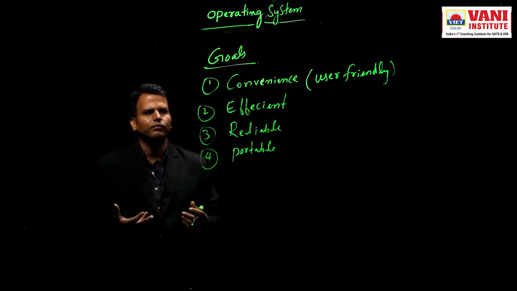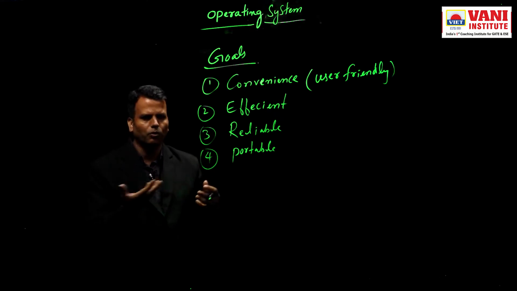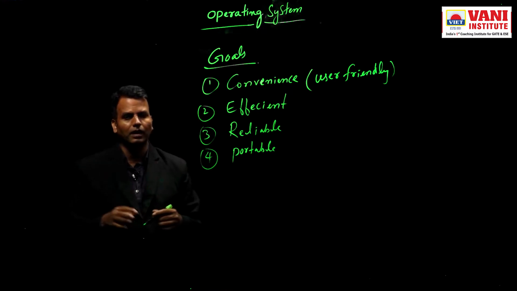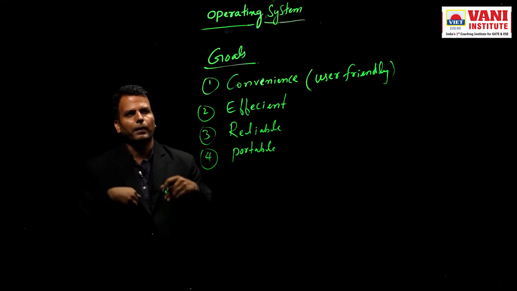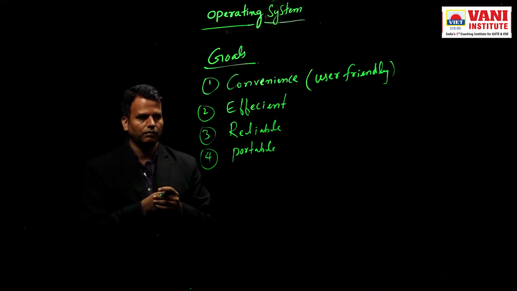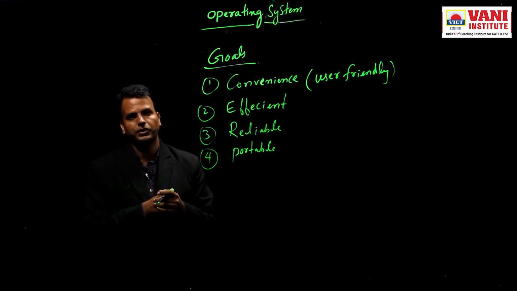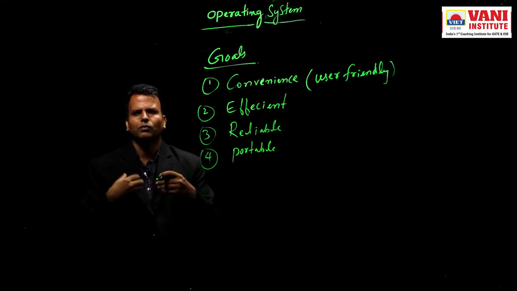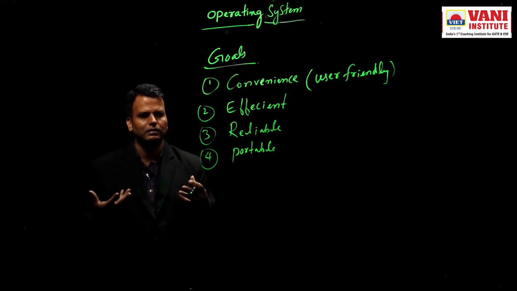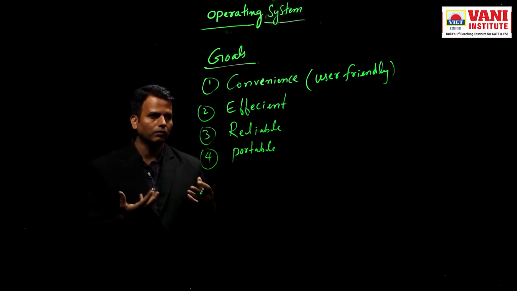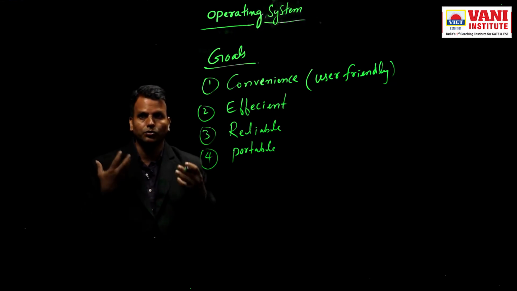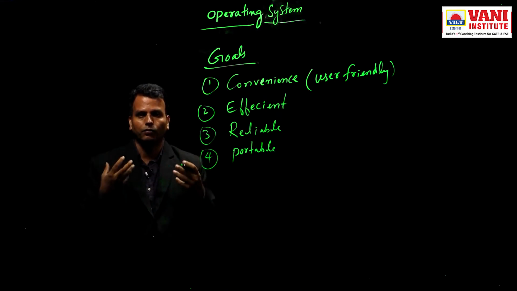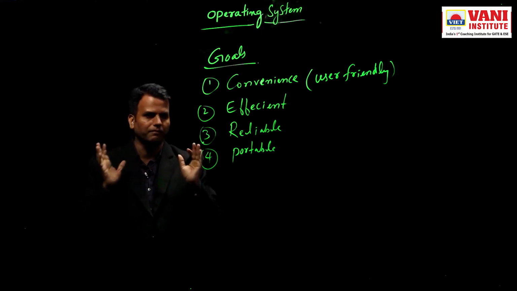In general, whatever system we are using, like desktop or mobiles, our first primary goal is convenience. But there are a few operating systems where the primary goal is not convenience but efficiency, like real-time operating systems. Like the operating system used in missiles, the work has to be completed on time.